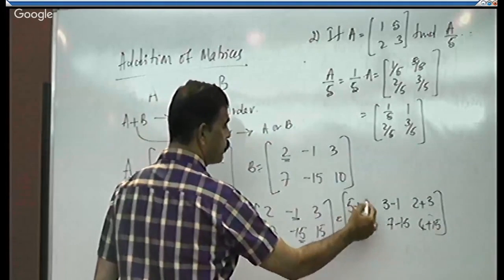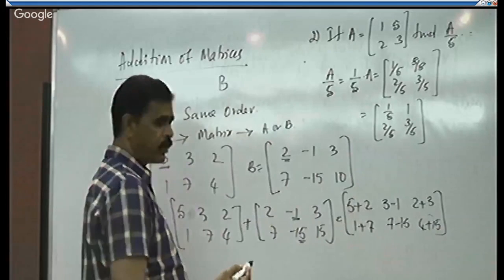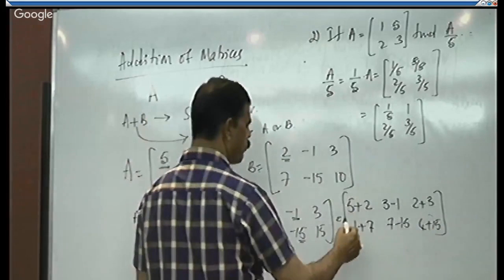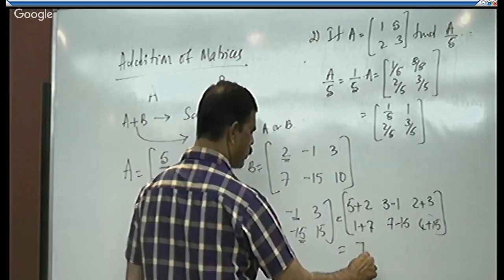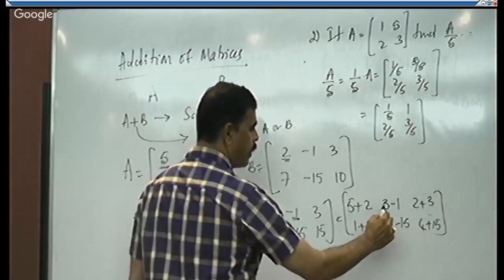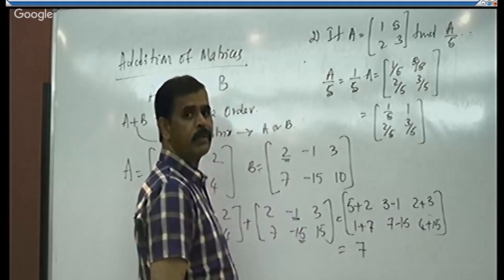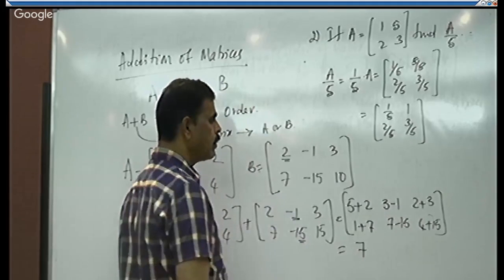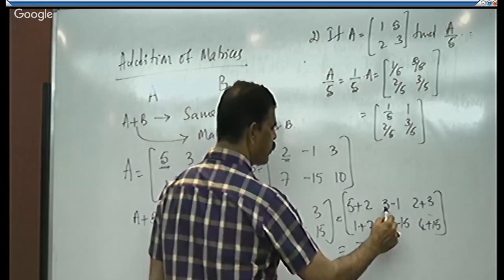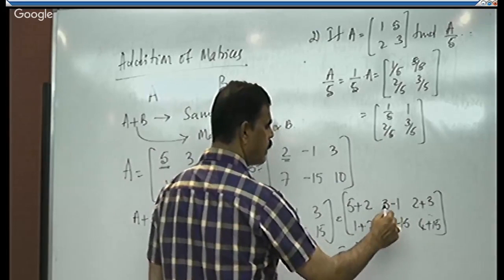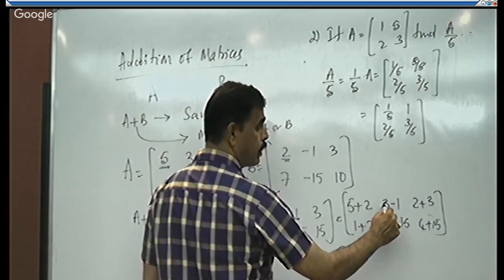5 plus 2. Both have the same sign. It means we should add them. That is 7. 3 minus 1. Both numbers have opposite signs. Then we have to go for subtraction. Take the difference of 3 and 1 and carry the sign of the bigger element.